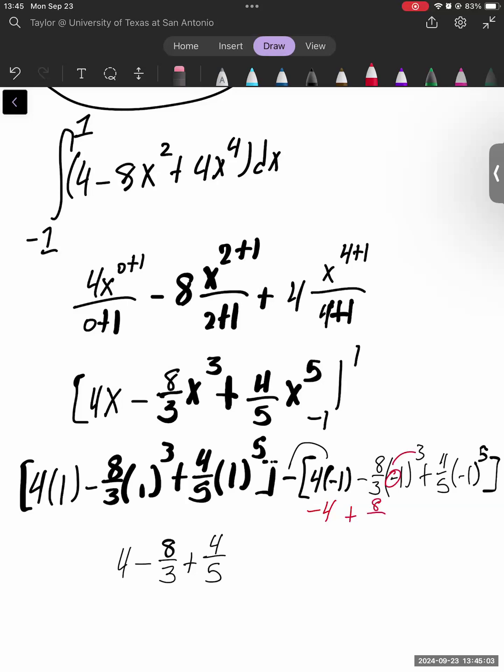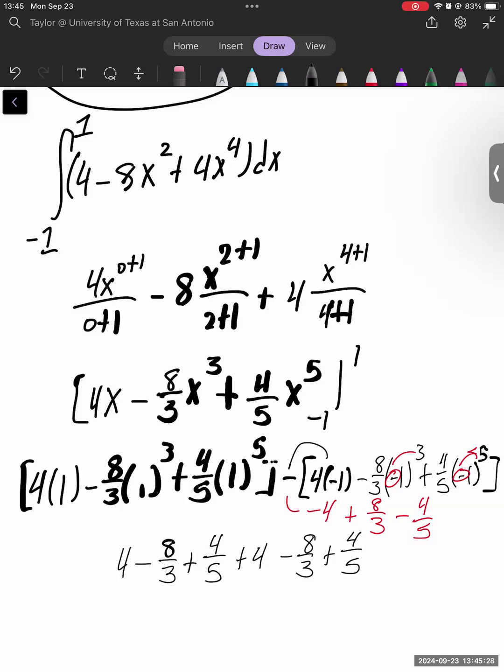So then I get 8 over 3. And then again, because of this negative and an odd power, we still get minus 4 over 5. And then sending this negative across to all of my terms in the brackets, I get plus 4 minus 8 over 3 plus 4 over 5.